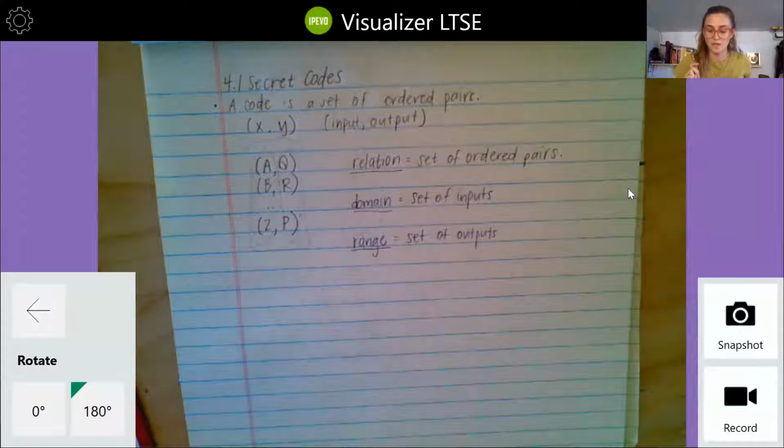So when a relation has exactly one output for each input, that is called a function.